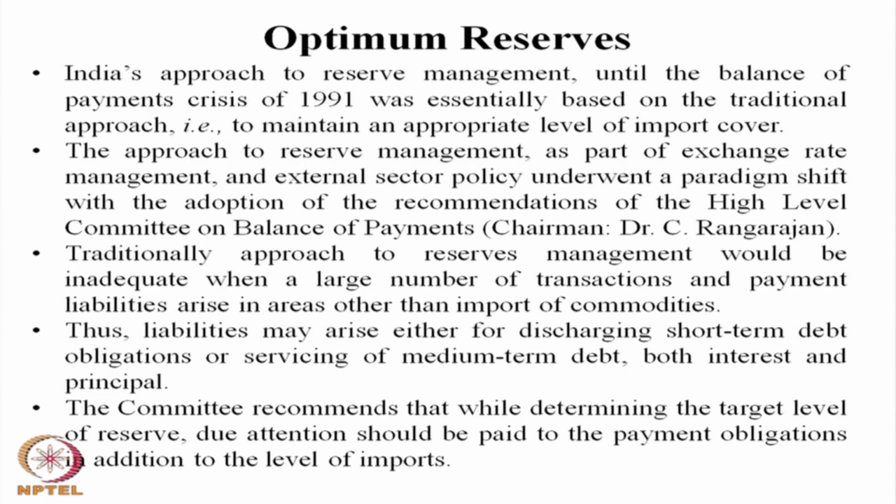Whether this reserve is sufficient, we have achieved a state of adequacy of reserve, and if it is so, then what is the requirement of further reserve? Because reserve, no doubt, gives strength to our economy, but it has its own cost, the cost of instability, the cost of keeping the reserve with us.